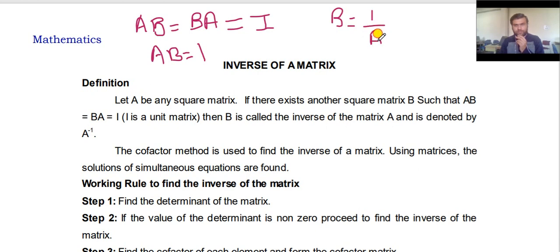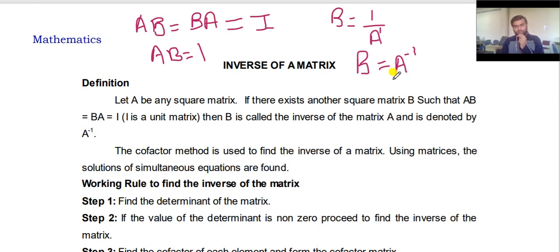In the denominator its power is 1. When this power comes to the top, the sign of the power will be changed. So it can be written as A to the power minus 1.